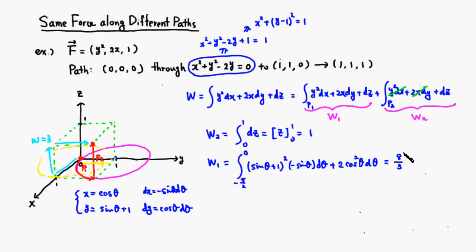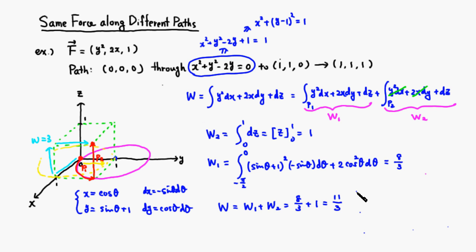Which means that the work we were looking for is just the sum of these two works. It's going to be 8/3 plus 1, which came out to be 11/3, which is not the same as 3. So obviously, even if you have the same force, same starting point and same destination point, by taking a different path you're going to end up doing a different amount of work.